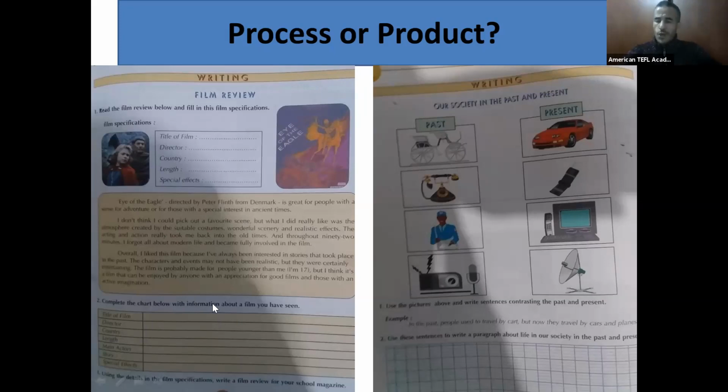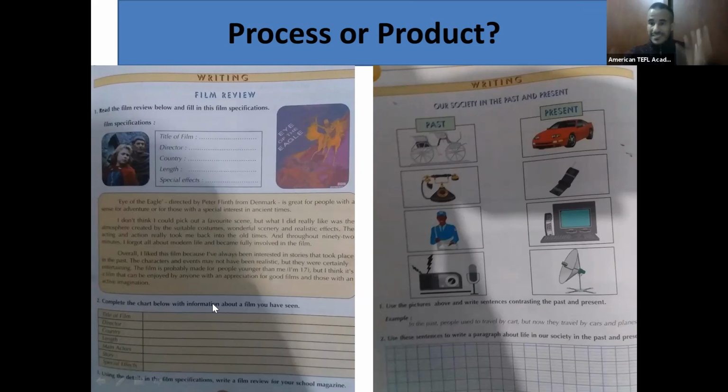For example, you are teaching how to write an email. Product writing: from the very beginning, you give them a sample, an email about someone. You are teaching writing about a formal letter, and you are teaching writing as a product. So from the very beginning, you give them a formal letter, an application form, etc. But writing as a process, it's the learner who is going to give the product.